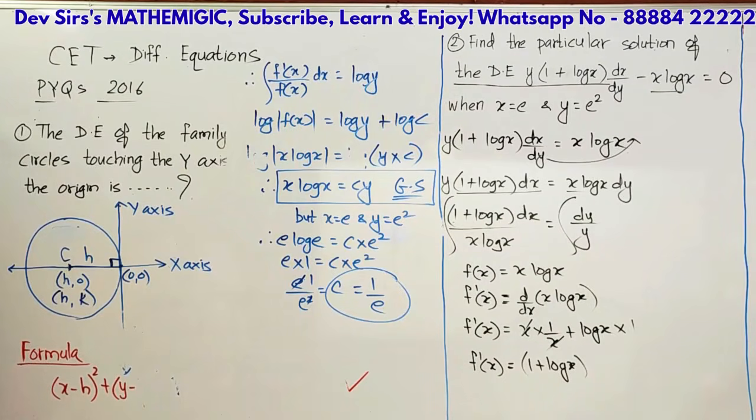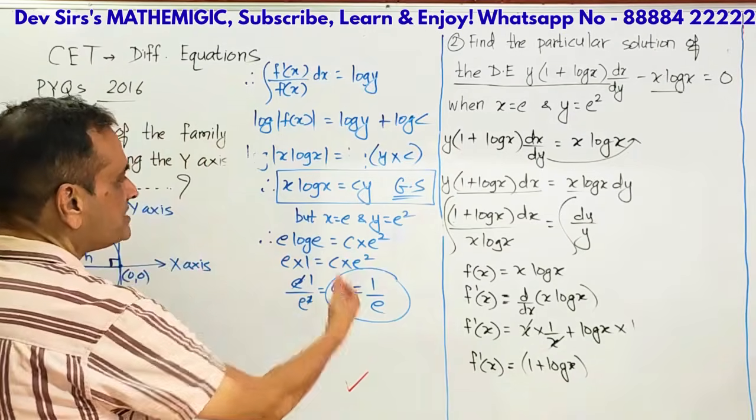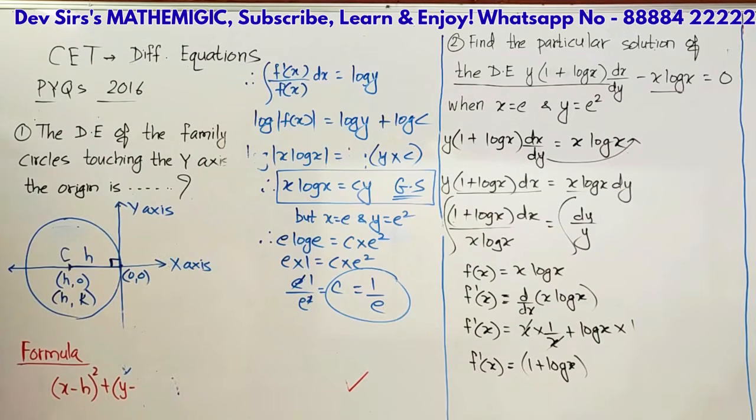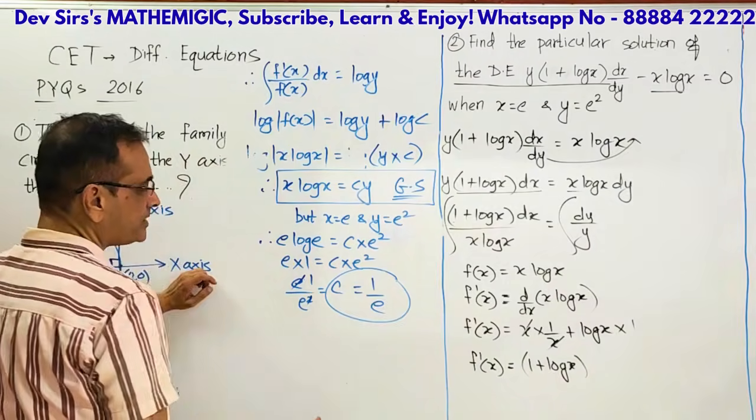So getting the value of C is important. So particular solution means C की value मिलती है from the given conditions, and that value of C you have to put in the given equation to get the final answer. Right? So let us check the options given. Okay, let us put the value. चेक करेंगे, 4 ऑप्शन दिए हैं.